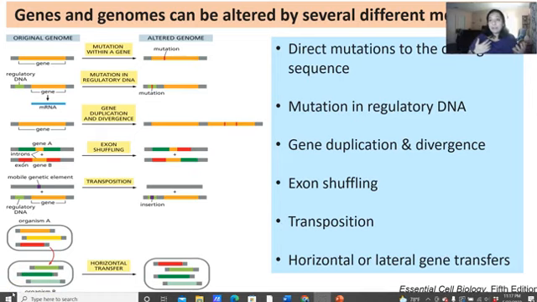Now, exon shuffling can happen in two ways, right? The intron sequences get spliced out, and your mature RNA is then made of all the exons spliced together. But those exons can be spliced in different orientations, leading to different gene products, right? Different protein products at the end of the day.